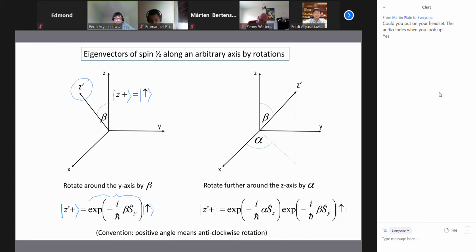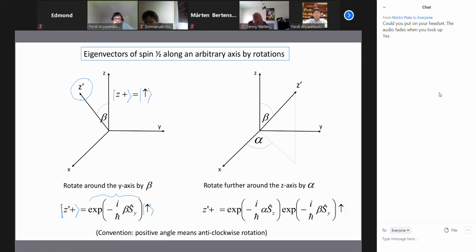So this state, the z prime plus, is an eigenstate of the spin operator along the z prime. Yes, because we rotate that state. So we see here actually the connection between rotation in real space and the rotation in the spin space.